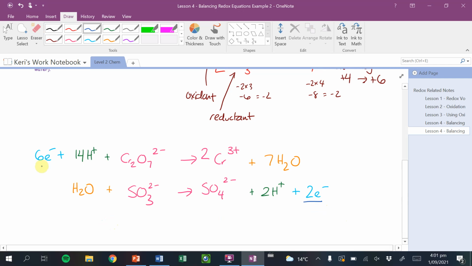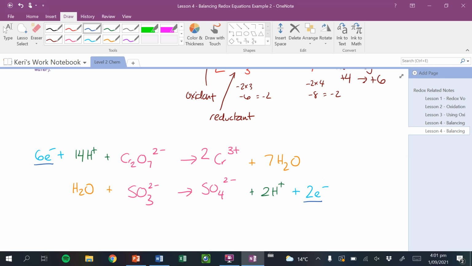We look at the electron numbers, and we're mindful that we want them to cancel out. So in this case it's 2, in this case it's 6. Common multiple they would share is 6. So I'm multiplying this whole equation by 3. So by multiplying it by 3, I now can get enough electrons for that to balance out.